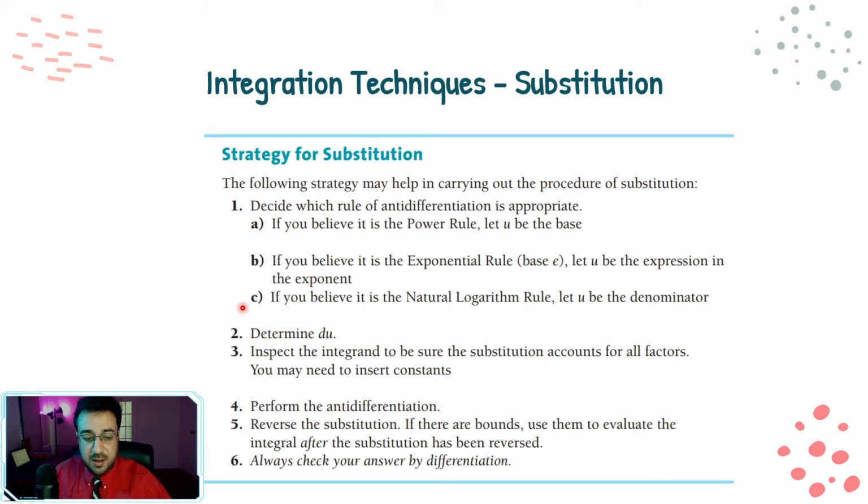Then you determine your du, then you inspect the integration and be sure that you substitute for all the factors, and sometimes you may need to insert a certain constant as needed. Then you perform the integration and reverse the substitution, meaning you plug back all the original values that you substituted with a variable like u.